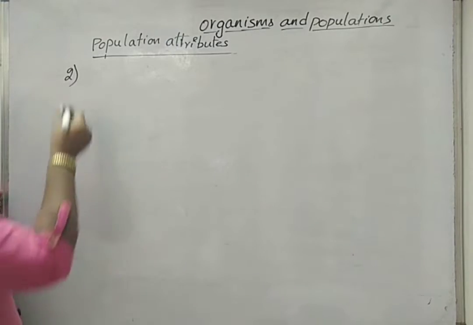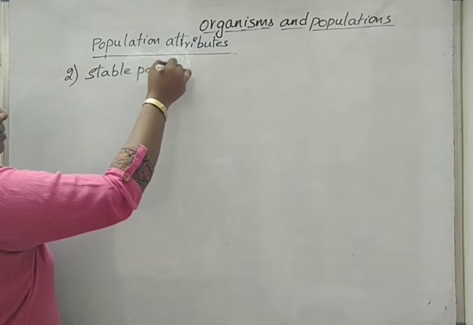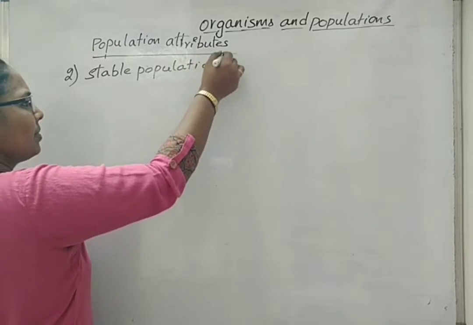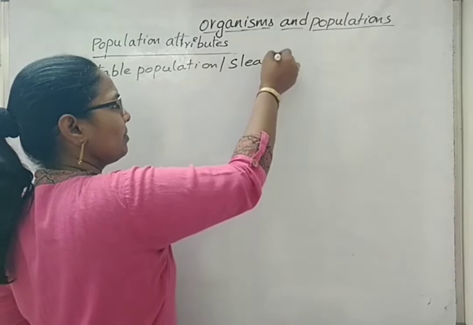Second type of population is stable population or stationary population or steady population.